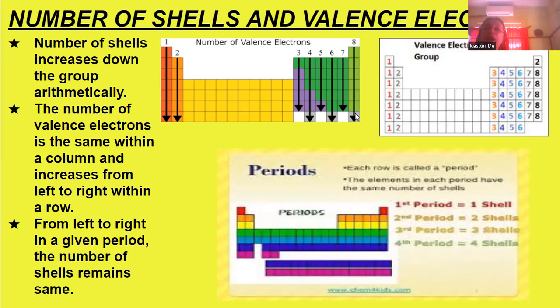Now, from left to right in a given period, the number of shells remains the same. So when we are going from left to right within the same row, the number of shells remains the same, but the number of valence electrons increases.